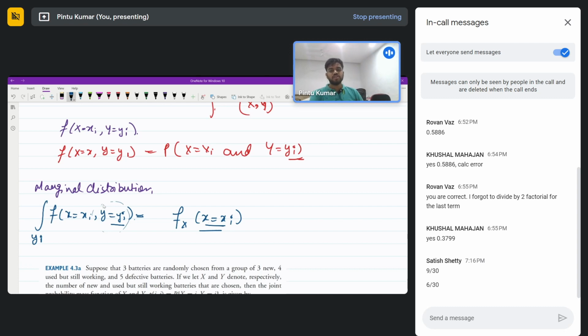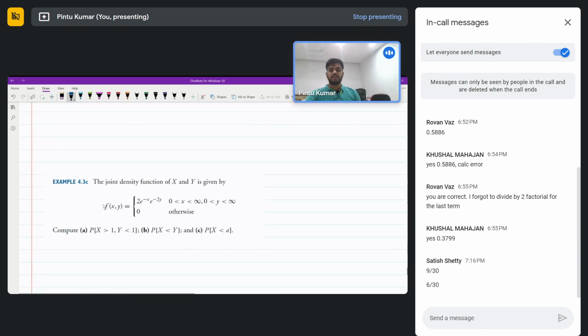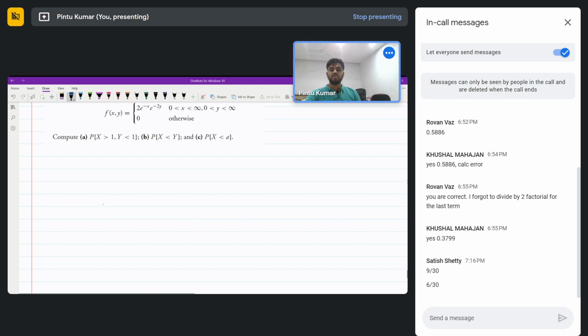Okay, so these distributions are known as marginal distributions. If you had summed with respect to Xi, you would have got the marginal distribution for Y. Okay, so let's do an example and we'll see later on how the marginals look.